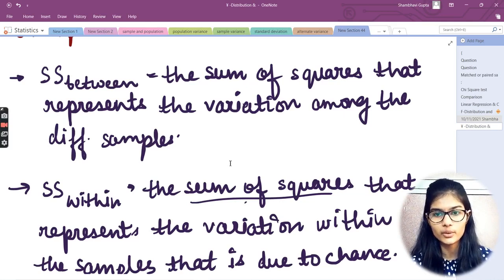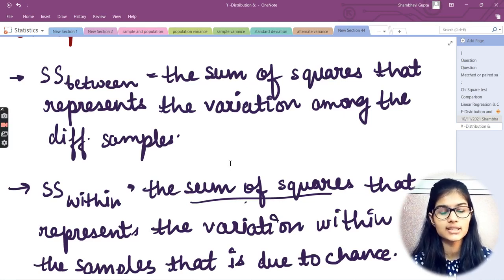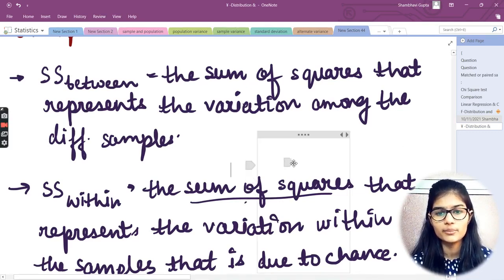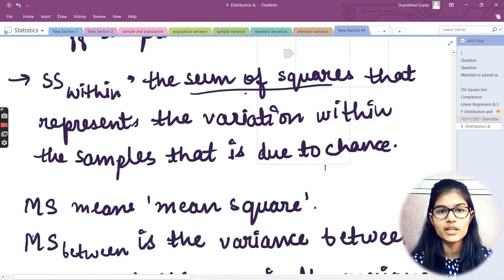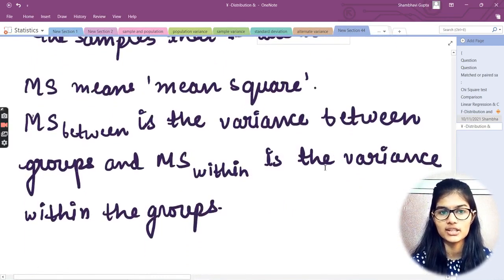It represents the variation among the different samples. And when I talk about the within, SS within is the sum of squares that represents the variation within the samples, and that is due to chance.